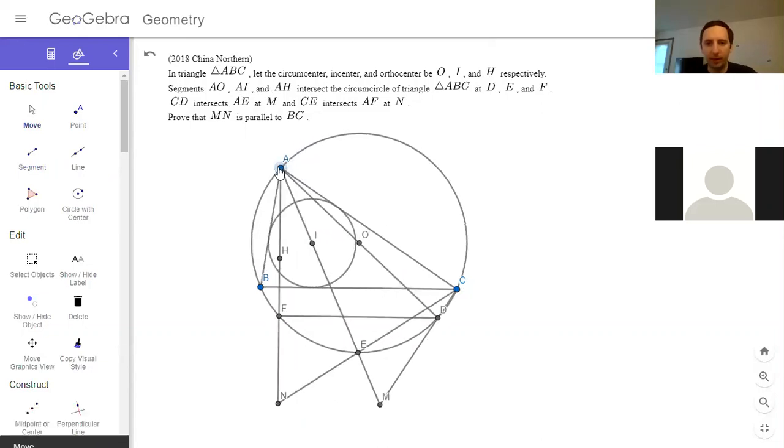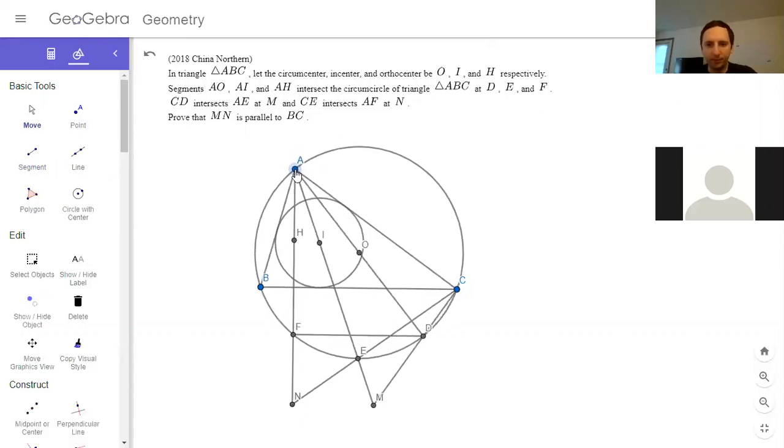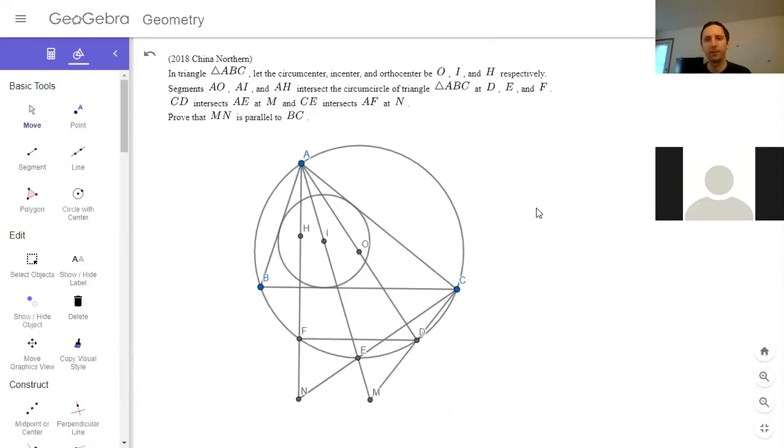But how do we show MN is parallel to BC? Let's see. It's an interesting question. I wonder if we want to extend AH and CD. I'm not going to do that yet, but maybe that would help.